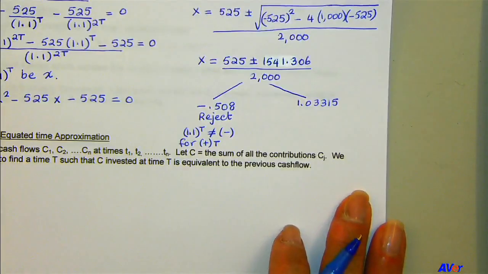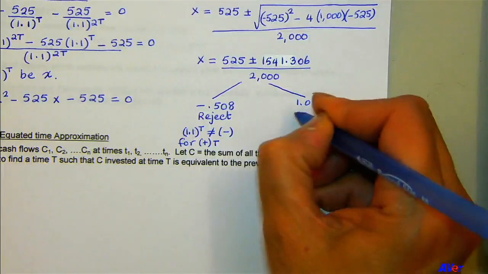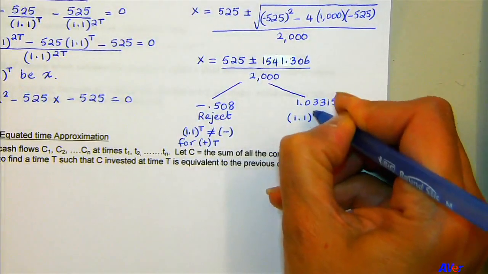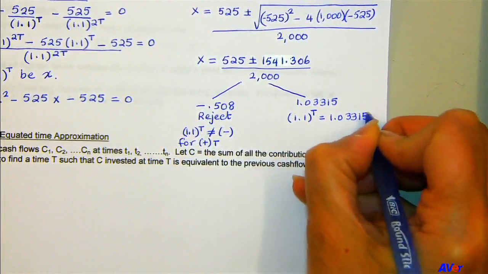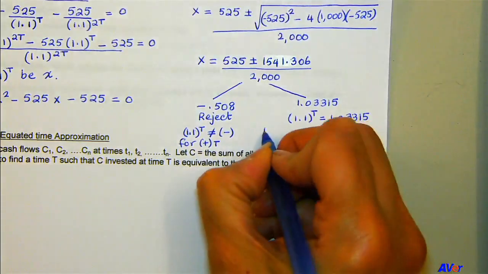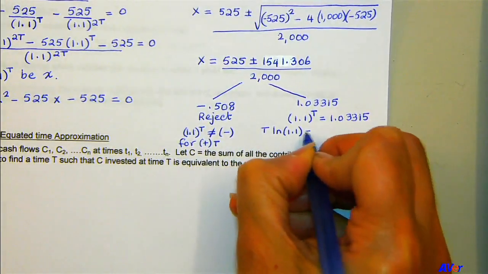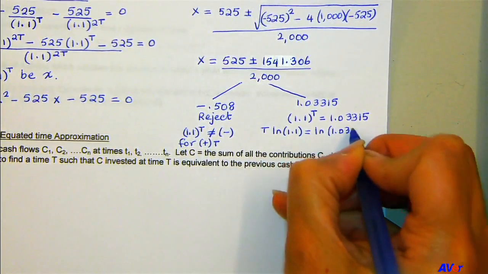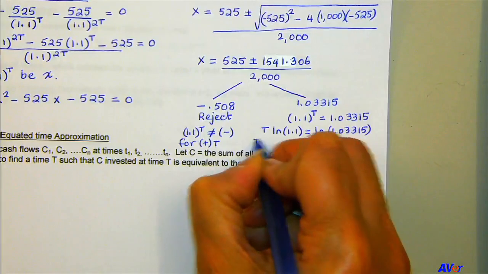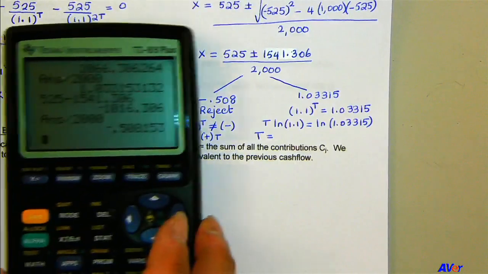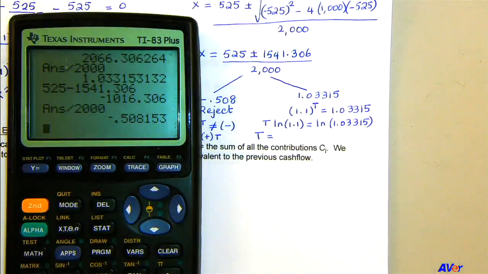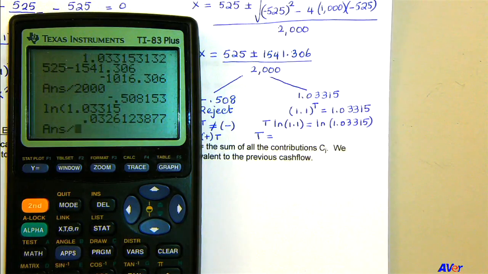So that's rejected, and my t equals, this is 1.1 to the t equals x, so 1.03315. Let's take the ln of both sides. t ln of 1.1 equals ln of 1.03315. So t equals ln of 1.03315 divided by ln 1.1.